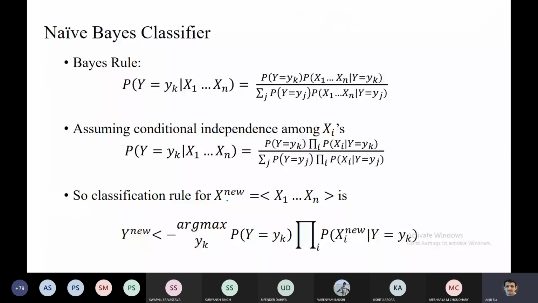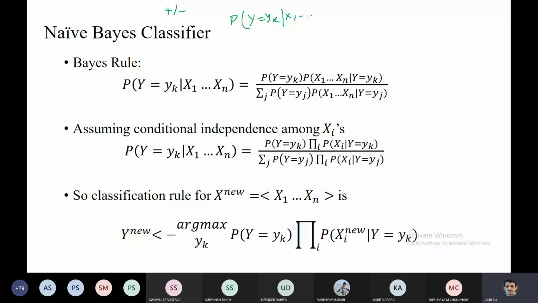Here you can use the Bayes rule, the same thing we are writing actually. So y is a class, just for example plus or minus. So yk is y equal to plus or minus. P of y equal to yk given x1 dot dot dot xn.